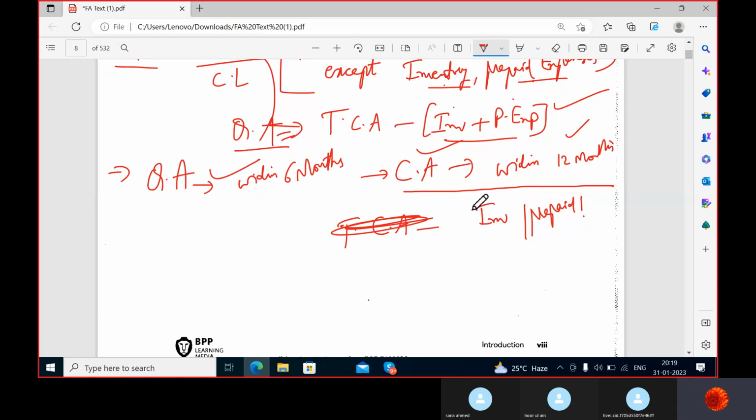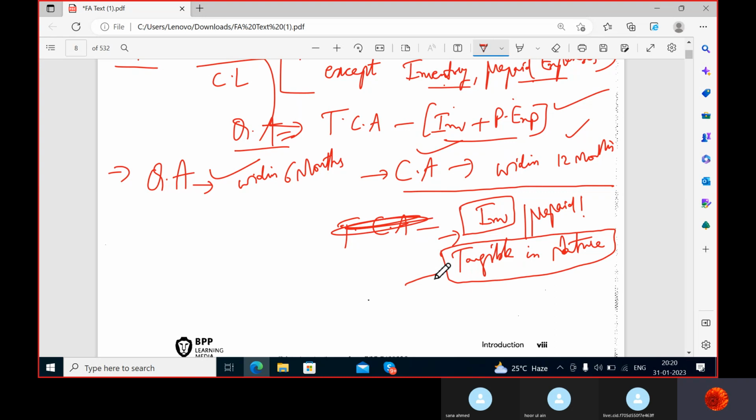Inventory happens to be a current asset which is more tangible in nature. What do you mean by tangible? Tangible is something which you can touch, physically see, and sense. Inventory is stock for a business, a physical thing which you buy and store in your godown or shop. So this is a current asset which is highly tangible in nature.